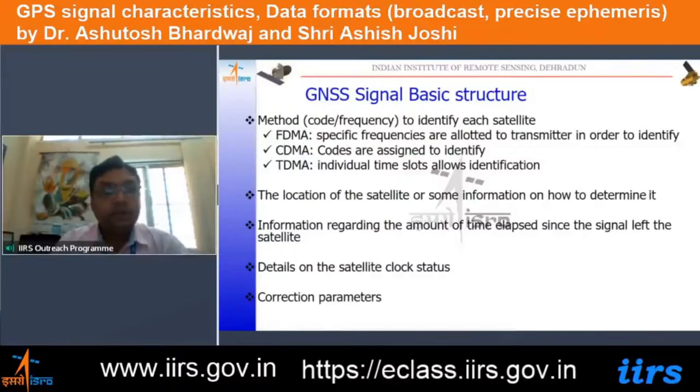Now this signal, as we have discussed, carries the ephemeris data, and the almanac also comes in the signal. So the location of the satellites is informed to the receiver so that the data can be processed. Then the amount of time elapsed for the travel is also embedded in the signal, in the form of T1, the time when it starts from the satellite, and T2, the time when it reaches the receiver.